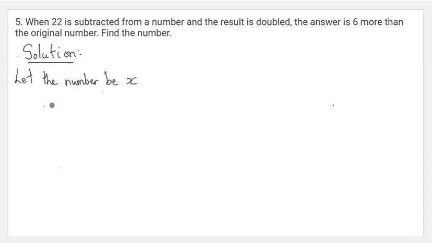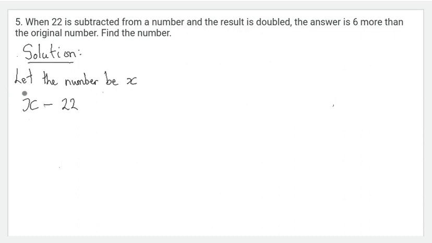When 22 is subtracted from a number, remember you have to be careful with words. From a number, so the number will start the equation: x minus 22. When 22 is subtracted from a number and the result is doubled, that means whatever you get here, if you now double it, remember we can't get a whole number right now because we don't know what x is.